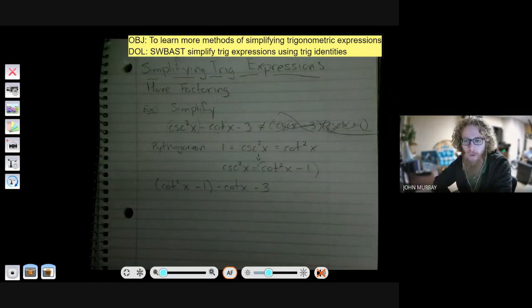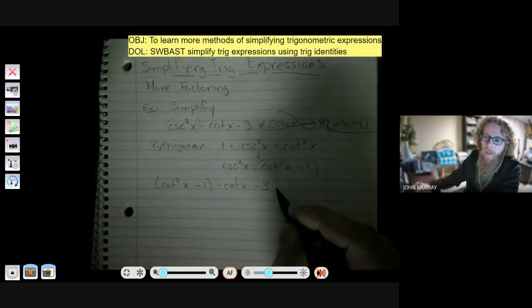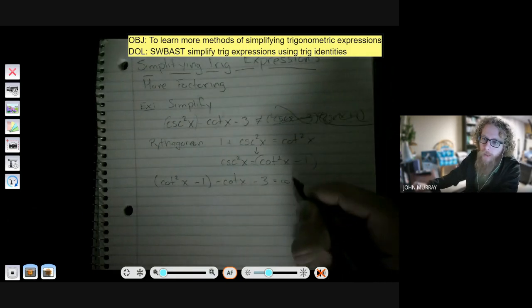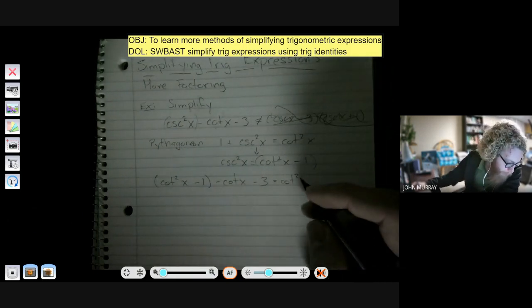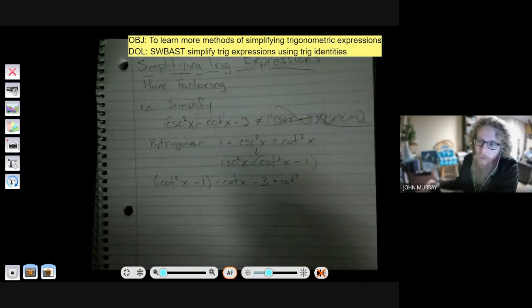And now I am going to go through my steps of simplifying. I have a -1 and a -3. So I get cotangent squared. Wait, did I do something wrong?